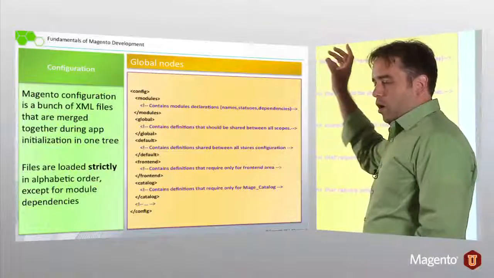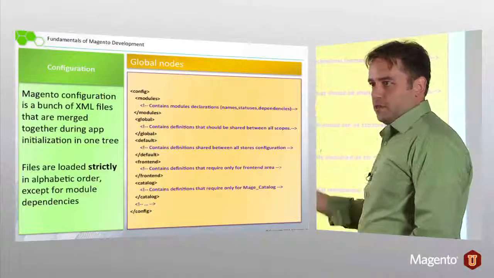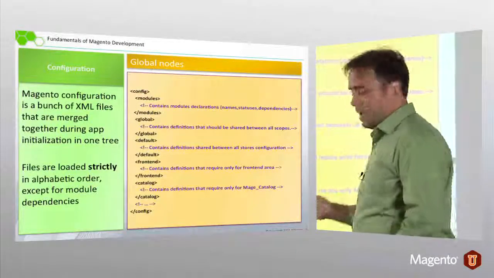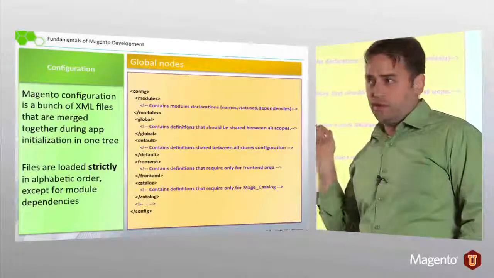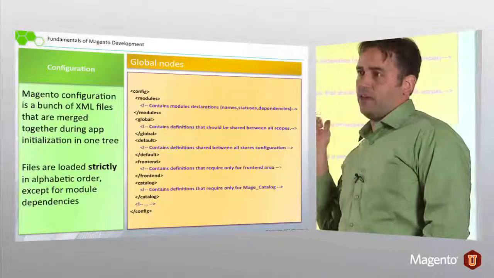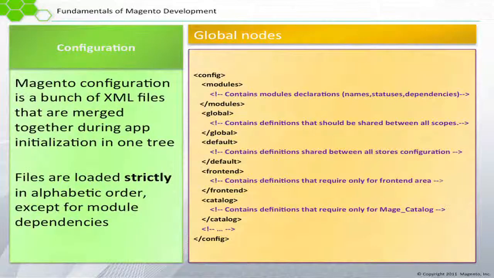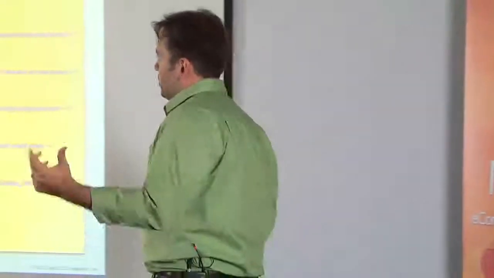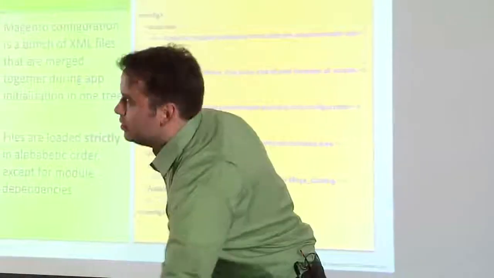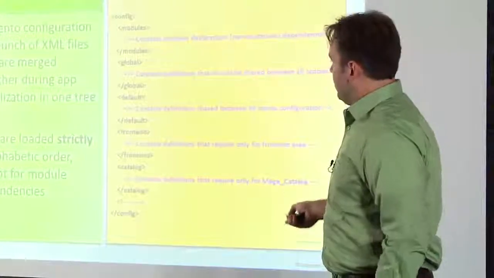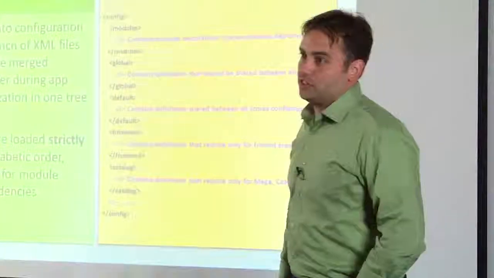So all of those XML files in app etc modules, and then based on what we found here, if for enterprise banner the active flag was set to true, then the system is going to go and look for the etc folder inside of each module's directory, and then inside there, look for config.xml. And again, config.xml inside there will also have a root node of config, and then basically anything else it wants to have inside.